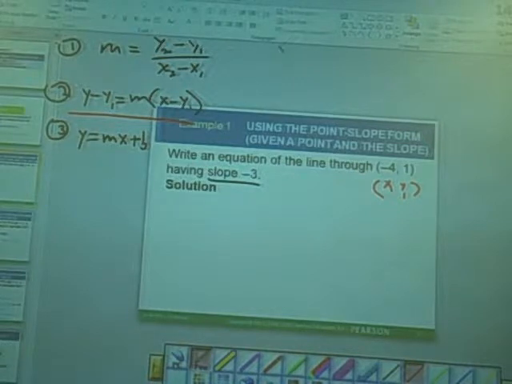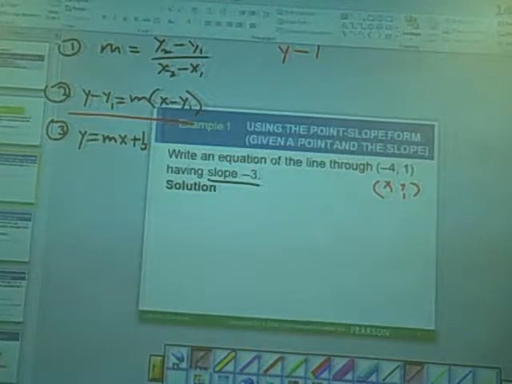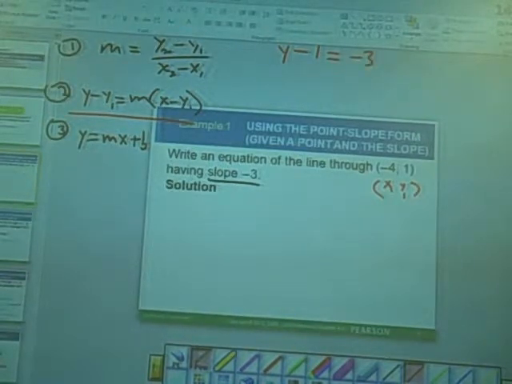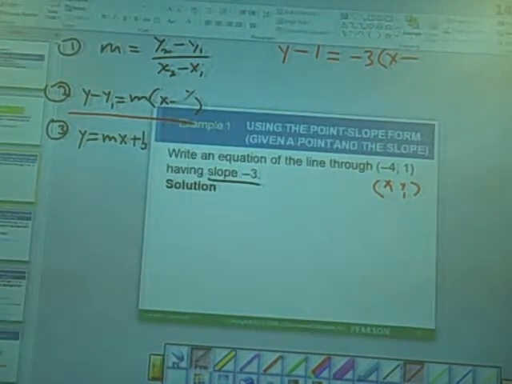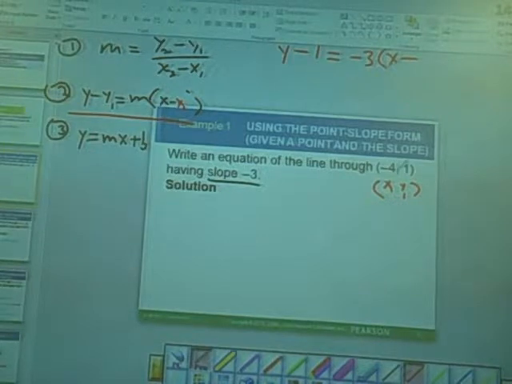So this will be y minus y1, which is 1, equals your slope, which is -3, times x minus x1, which is -4. So that'll make x minus the -4 into x plus 4. So we can just make that x plus 4 there.